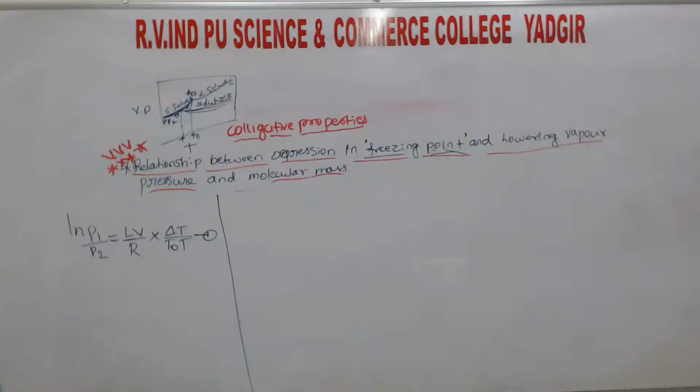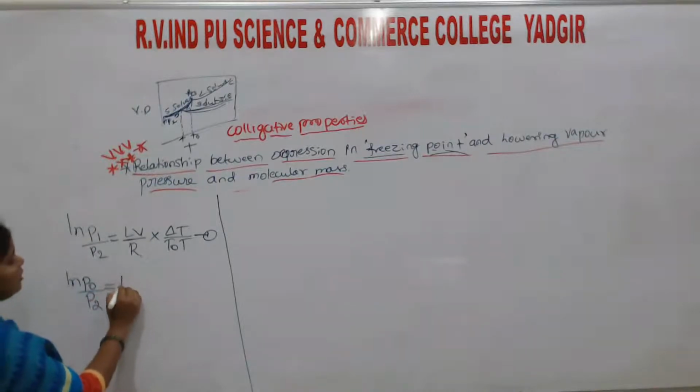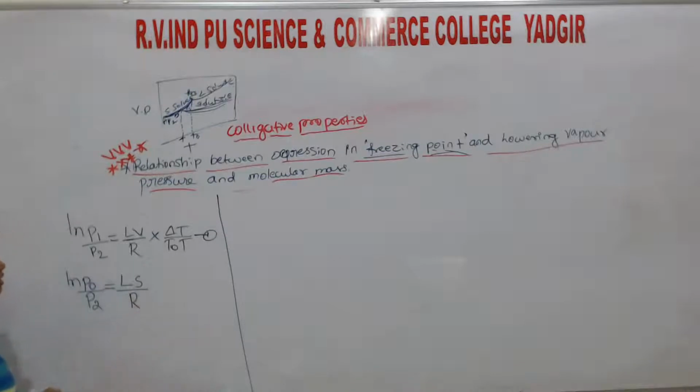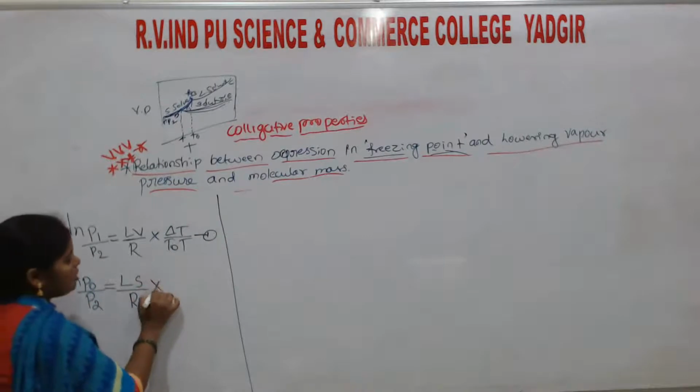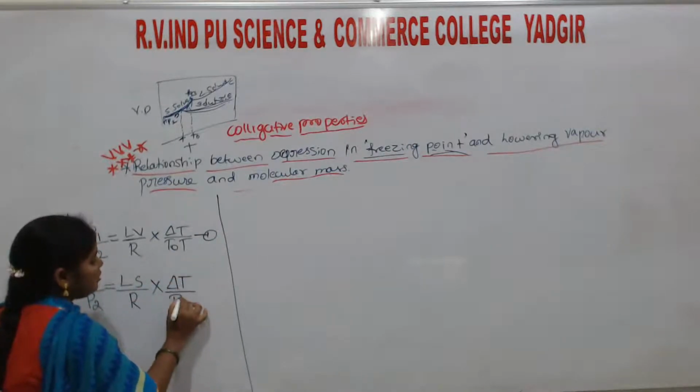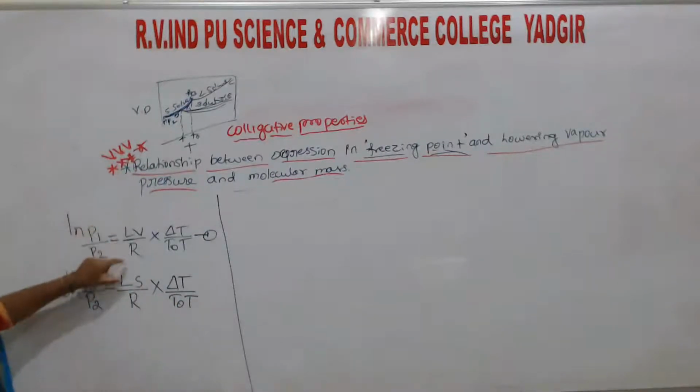Here also applying the integrated form of the Clausius-Clapeyron equation in equilibrium cases, for the solid solvent vapor. ln of P naught by P2 is equal to Ls divided by R into delta T divided by T naught into T. The only difference is Ls and Lb.